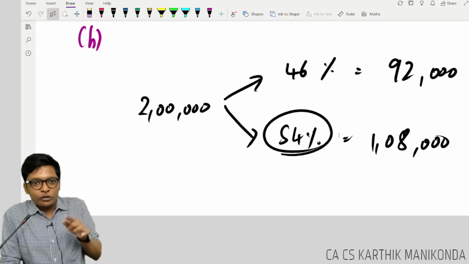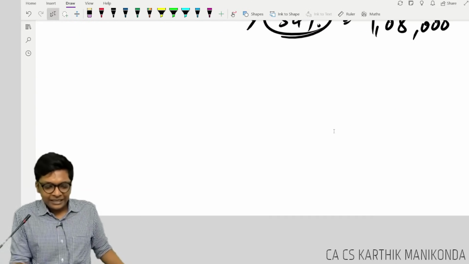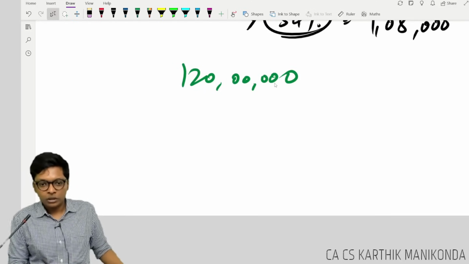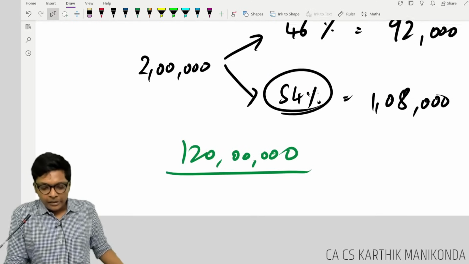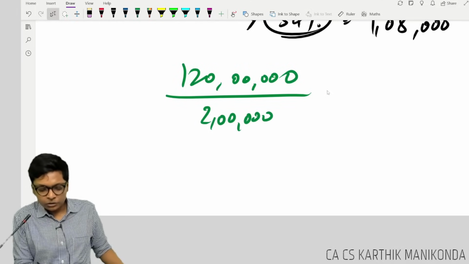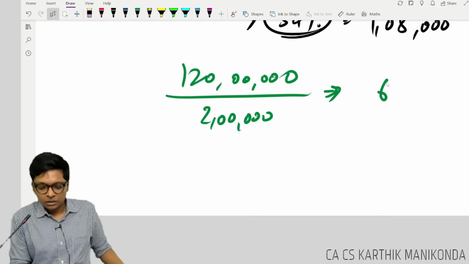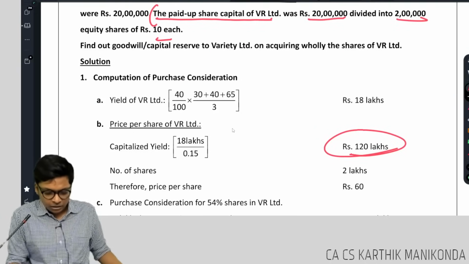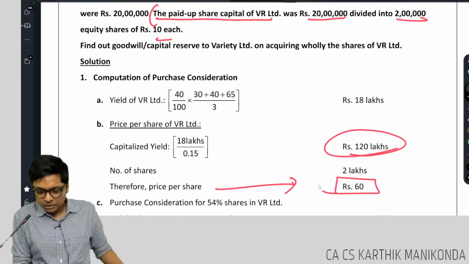So I have to find proportionate price. So can I write 120 lakhs is the total value, out of which the total shares is 2 lakhs. So per share is 60 is what is worth per share. Let's check. So per share price is 60.